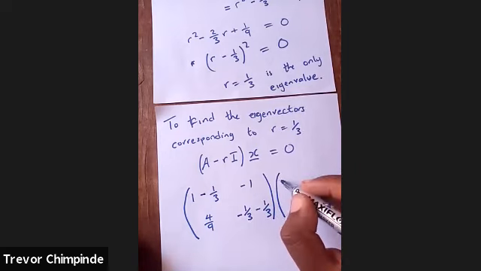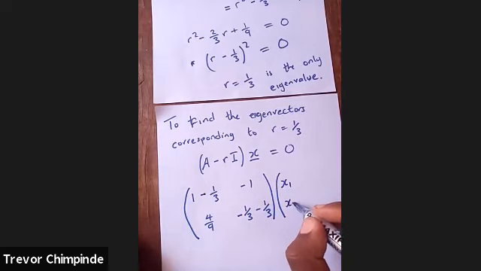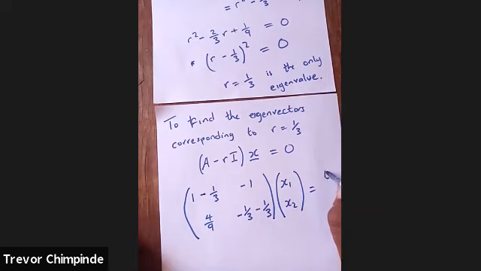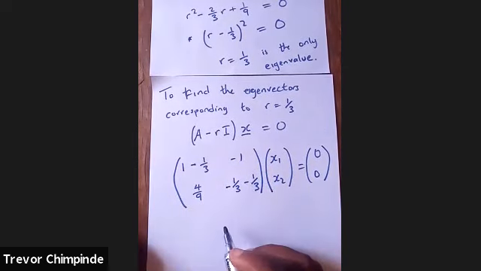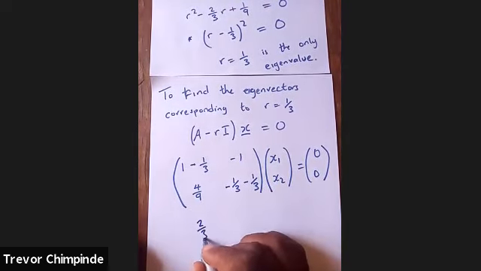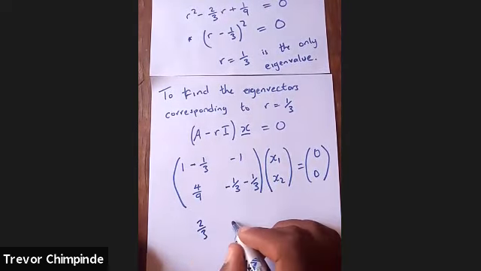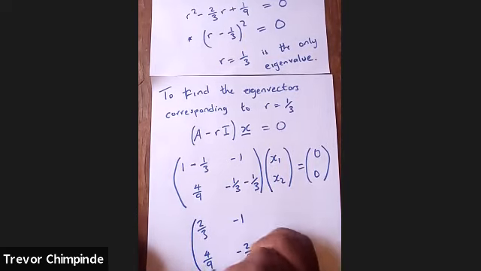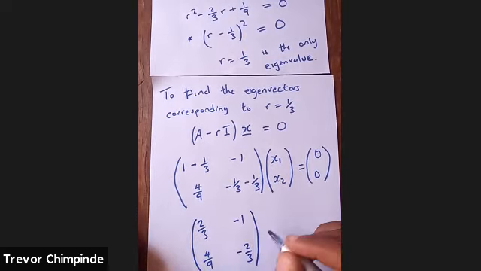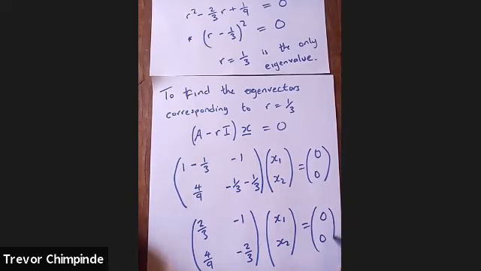Our x, which is what we want to find, we can say is x1, x2, equal to 0, 0, the zero vector. So 1 minus 1 over 3 is 2 over 3, minus 1, then 4 over 9, and negative 2 over 3, times x1, x2, equal to 0, 0.